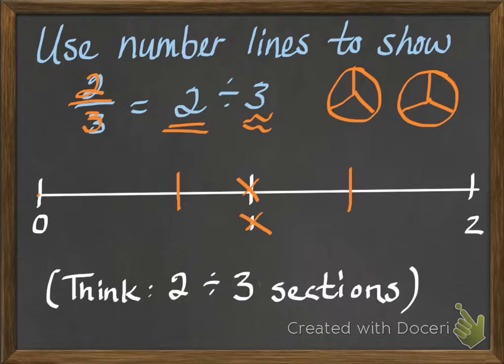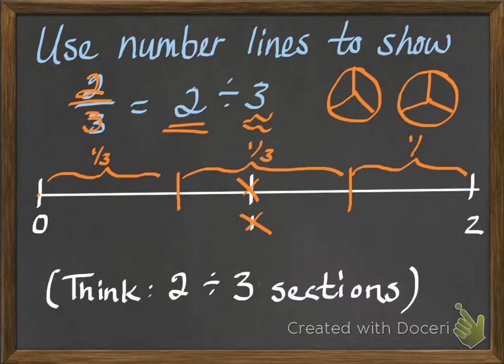So this is 1/3 of 2. This is another third of 2, and this is another third of 2. Okay, so if I have 1/3 of this one and 1/3 of this one, that's 1/3 of 2 pizzas.